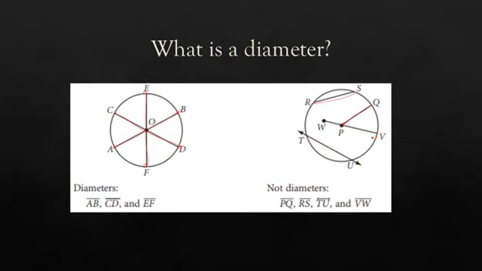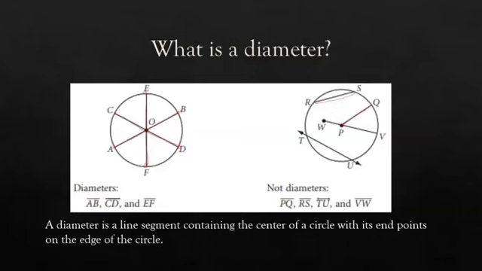So remember, we went over this at the beginning of the lesson. We definitely see the diameters are line segments. They start and end on the circle, but what makes them different from a chord? They pass through the center. So a diameter is a line segment containing the center with its endpoints on the edge of the circle.